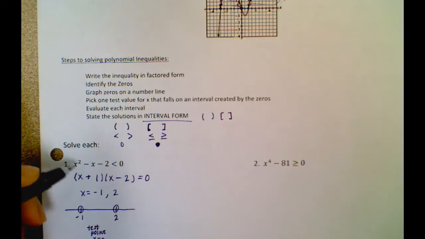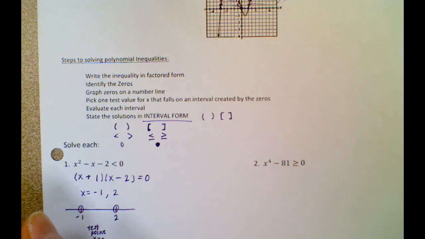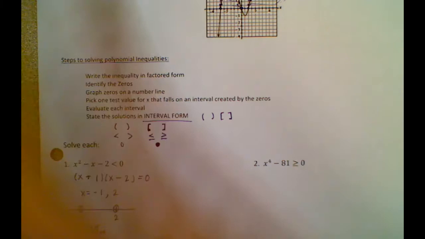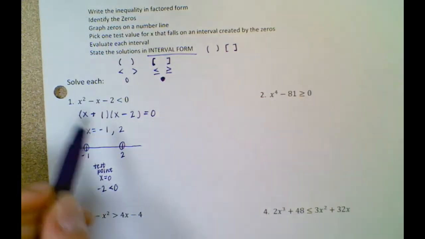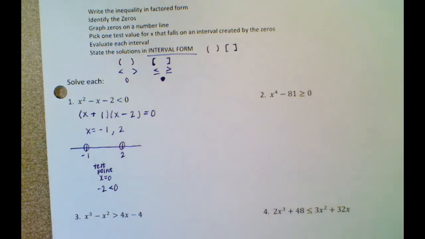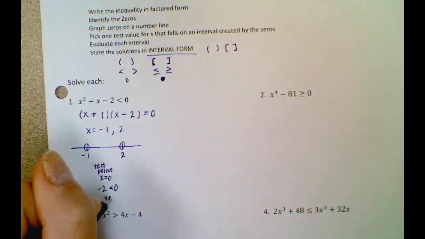So if I plug 0 back in for x right here, I'm going to get 0 squared minus 0 minus 2, which is just going to be -2, is less than 0. Oh, I'm sorry, you guys can't see that. All right, so all I did was plug 0 in right here. Then I need to determine if that statement is true or not. That statement is true, yes, okay?